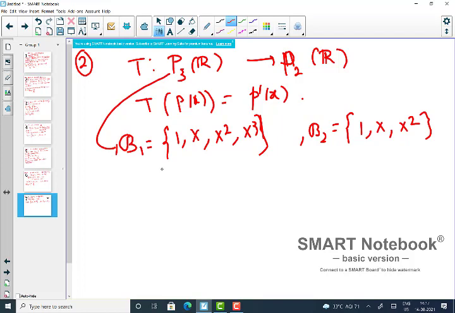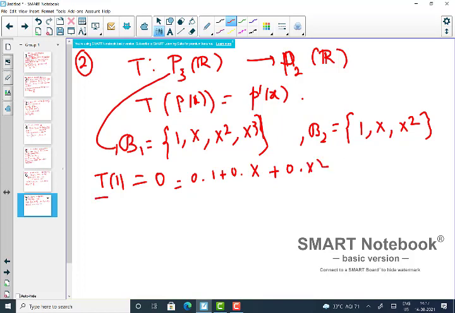Now with respect to these bases, what will the matrix look like? Again, you have to find the images of the basis vectors. So what will be T of 1? This will be 0 in the derivative, and that is nothing but 0 times 1 plus 0 times x plus 0 times x squared, right?